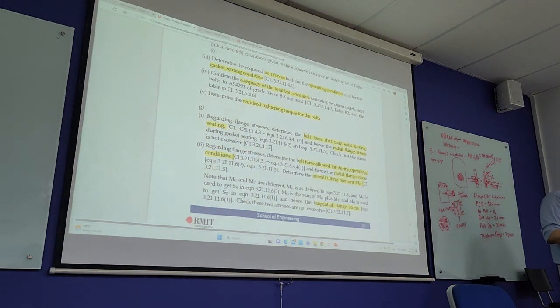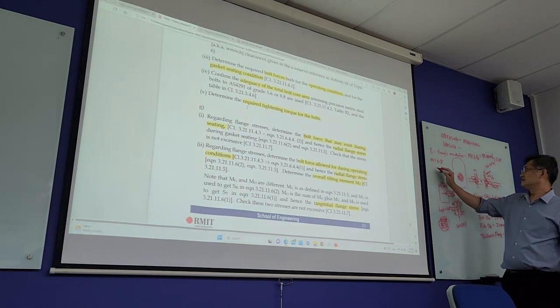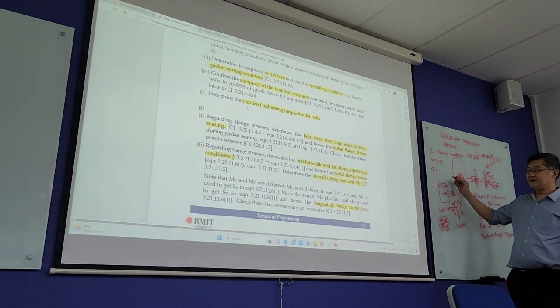And then part 5, determine required tightening torque for the bolt. Alright, so for the torque value, T equals KDF.